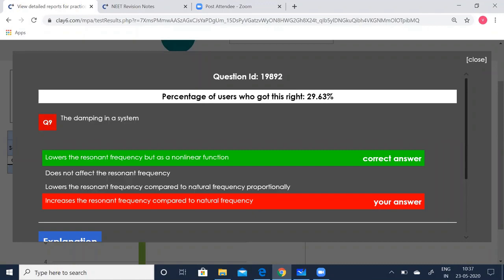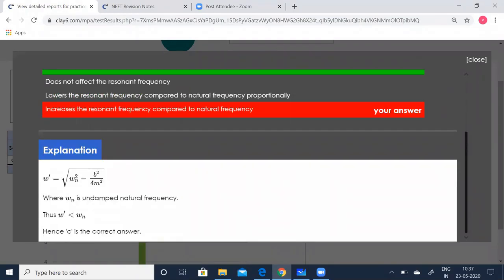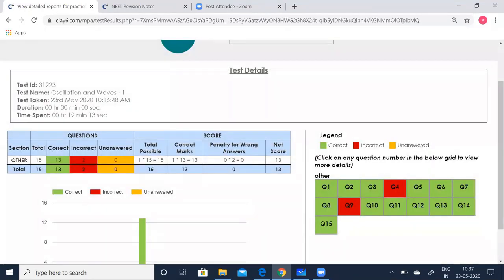So it should have been that it lowers the resonant frequency, but I deliberately marked it as increases so that you know how to verify your correct answers also. See, omega dash is the square root of omega n squared minus b squared by 4m squared, where omega n is the natural frequency. So omega dash is lesser than omega n. That should have been the correct answer. So 2 questions went wrong.